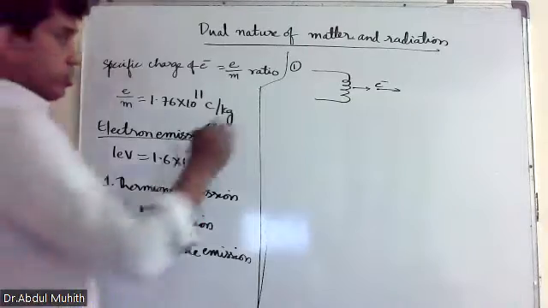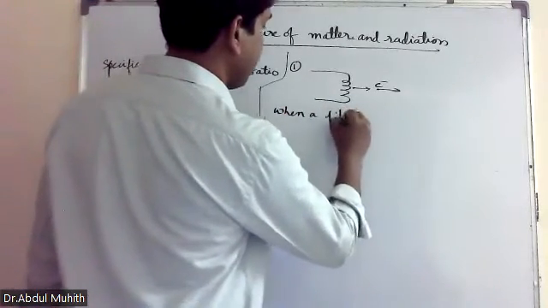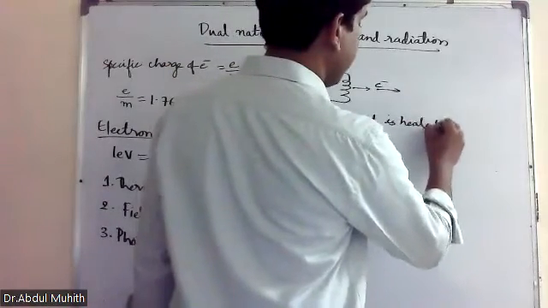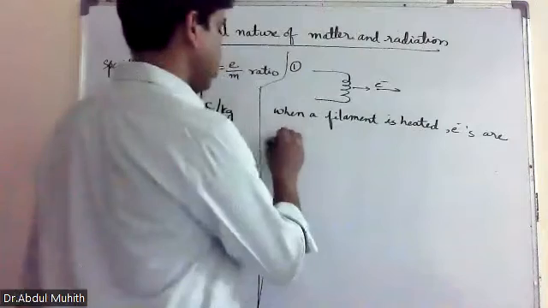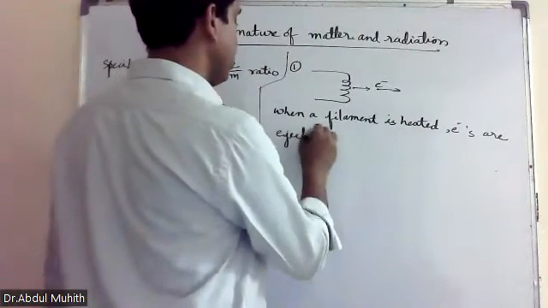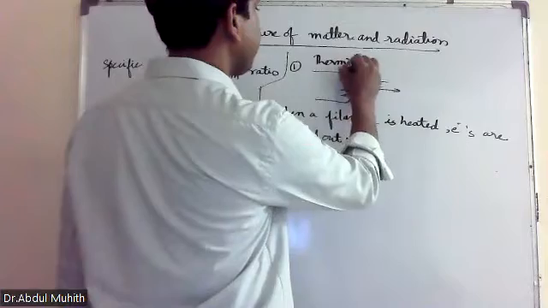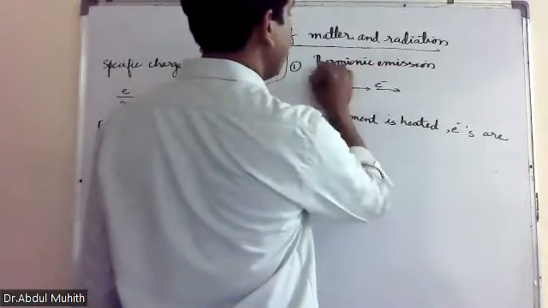So when a filament is heated, electrons are ejected out. This is said to be thermionic emission.